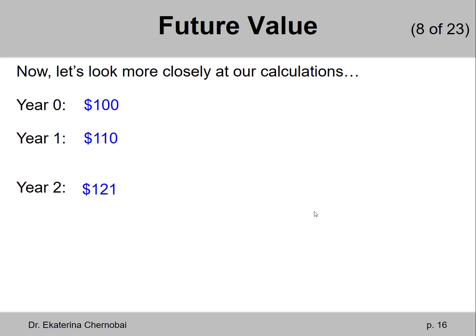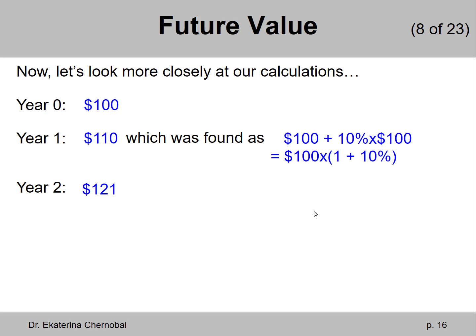Let's look again at our calculations. Let's look more closely. Year 0, $100. Year 1, $110. Year 2, $121. Year 1, $110. How did we find it? It was found as $100 at the beginning of the first year plus 10% times $100.